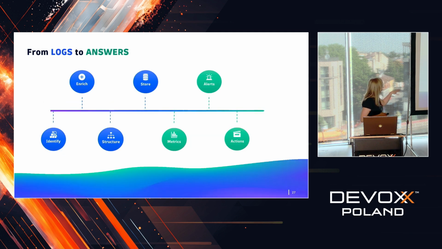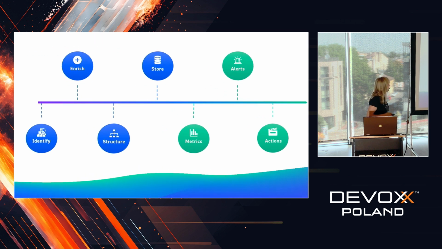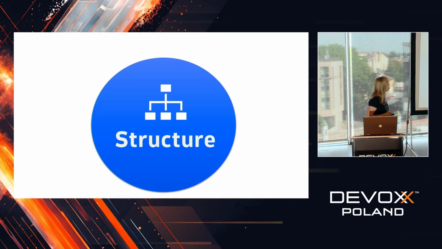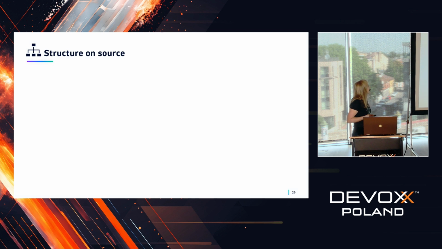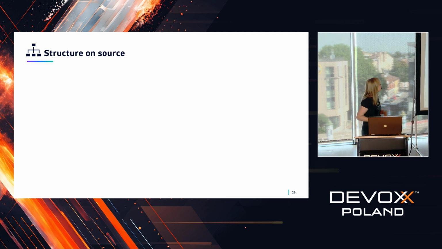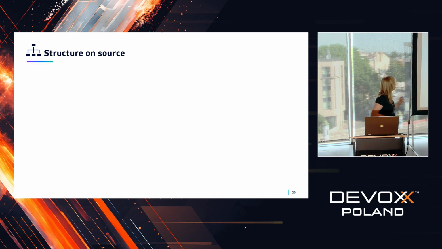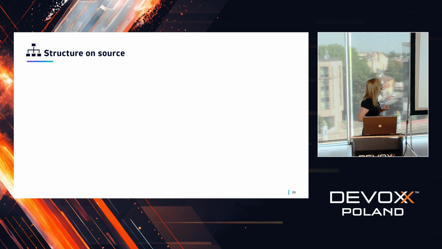So once we enrich our data, we can move to the point when we add a structure to the data. I mentioned at the beginning that logs can be structured, semi-structured, or unstructured, and that the structured logs are the best for further processing. So we can create structured logs in a couple of ways.